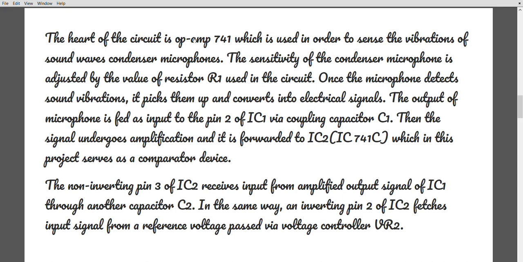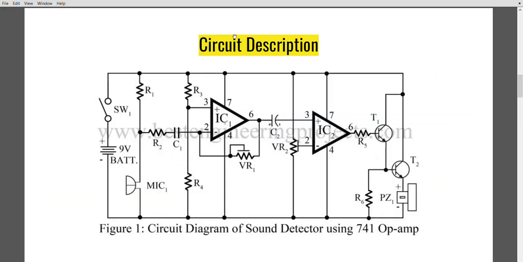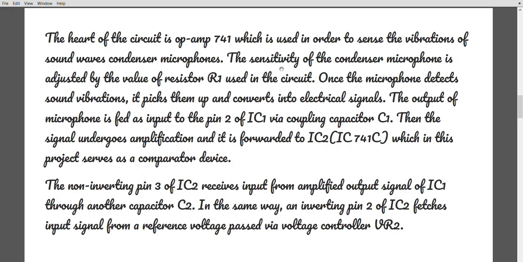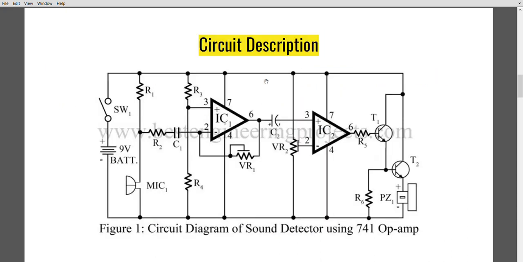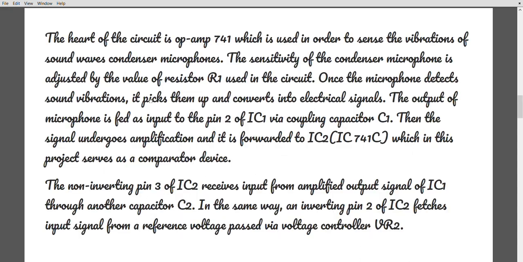The heart of the circuit is Op-Amp741, which is used to sense the vibration of the sound waves through the condenser microphone. In this picture you can see this is the IC, the heart of this circuit diagram. The sensitivity of the condenser microphone is adjusted by the value of resistor R1 used in the circuit. So the sensitivity is adjusted by this resistor R1.